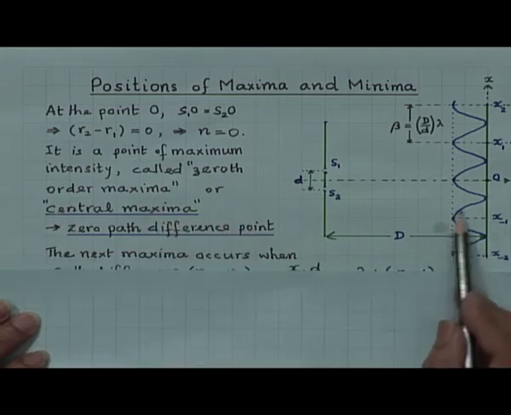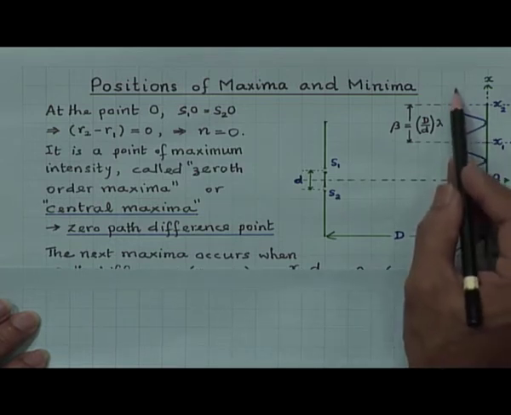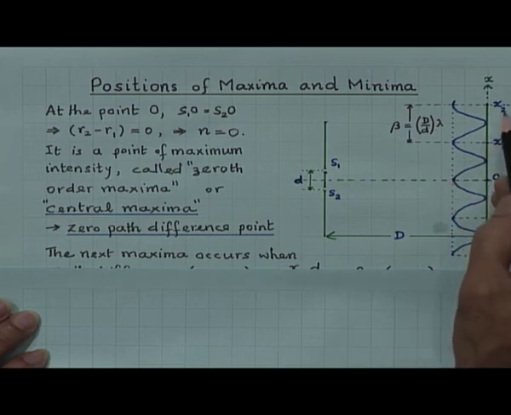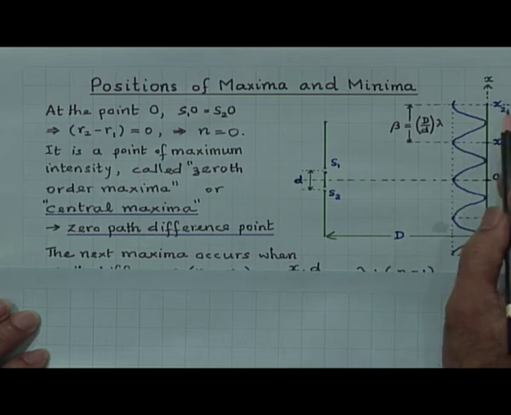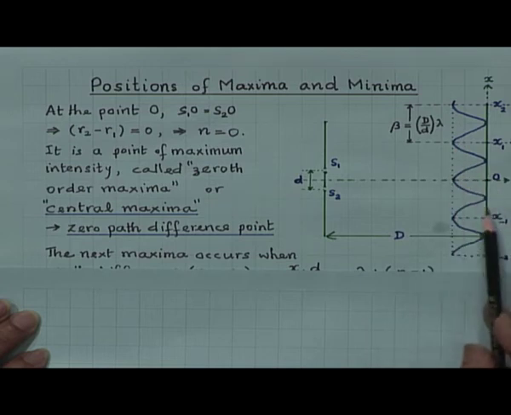We will get maxima and minima here, because we have already seen the intensity varies with delta sinusoidally, that is the cos square variation, and delta is proportional to x, and therefore, we have the same cos square variation with x.